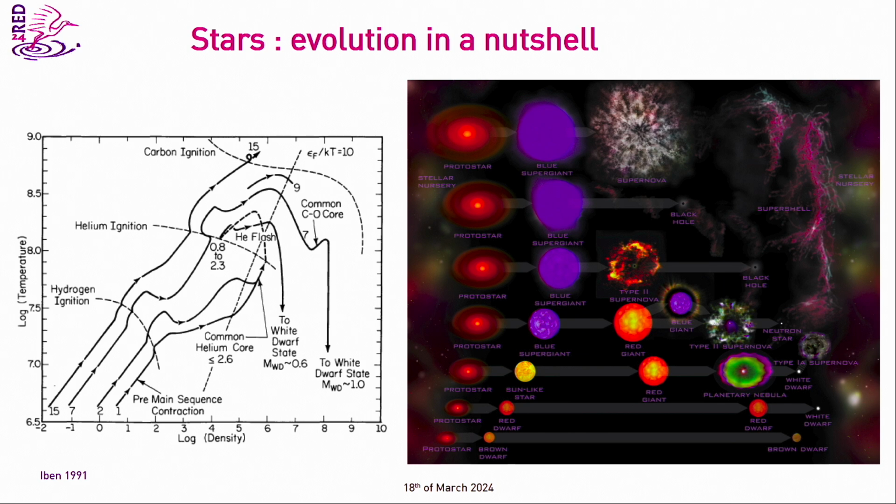Now you know where it comes from. This is the region where the Gamow window is best, so where you can have fusion of hydrogen, then the Gamow window for helium, the Gamow window for carbon ignition. And you see that the massive stars go all the way through this, while the less massive stars are stopped here. They are stuck here and they become white dwarfs.